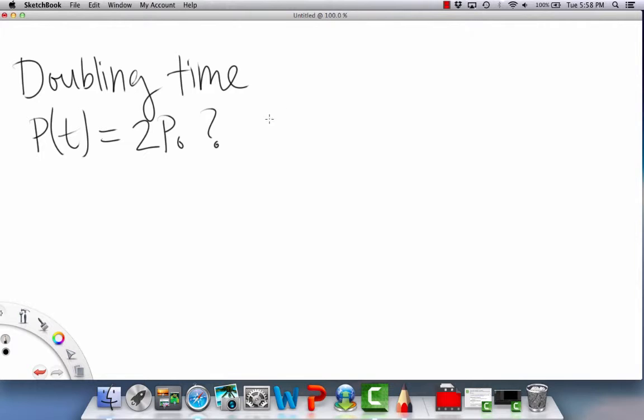We have our p of t, which goes on the left, which we're setting equal to twice our initial, and then the rest is just the same: initial times e to the kt. Then if we're going to solve for t, because we want the doubling time, we can cross out both of the p naughts. So then we just get 2 equals e to the kt, and we're going to solve for t.